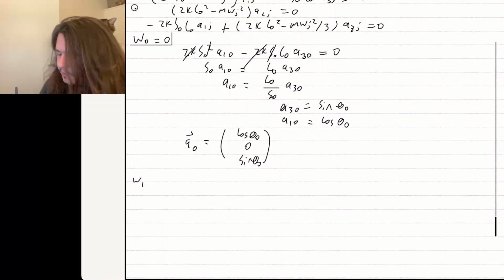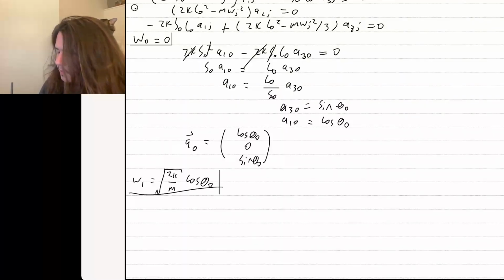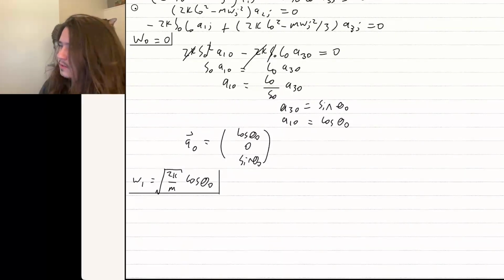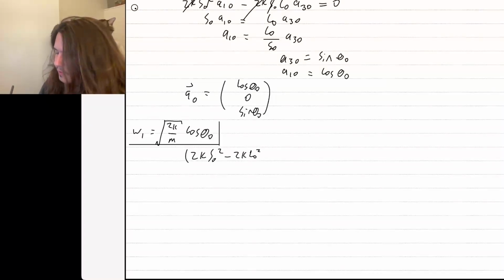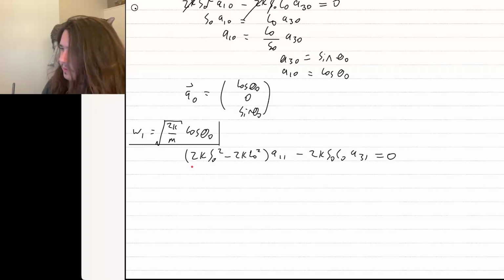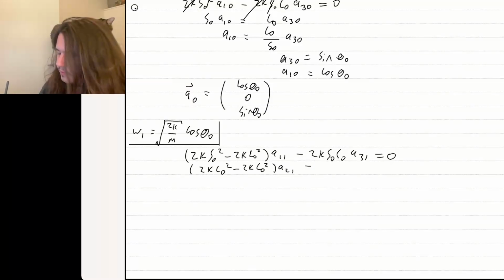Next one, for our other eigenfrequency, 2k over m cosine theta naught, this guy. Setting it up again, it's (2k s naught squared minus 2k, this time just cosine squared) times a11 minus 2k s naught c naught a31 is equal to 0. That's one equation. Another equation is (2k c naught squared minus 2k c naught squared) a21 equals 0.